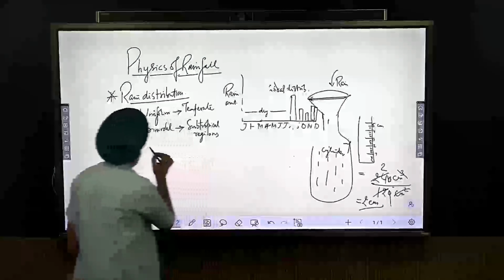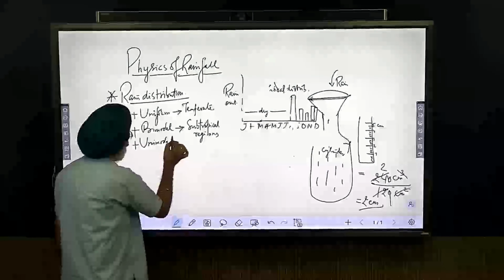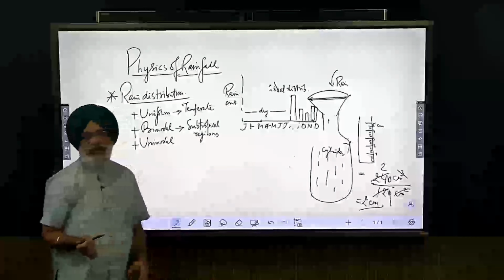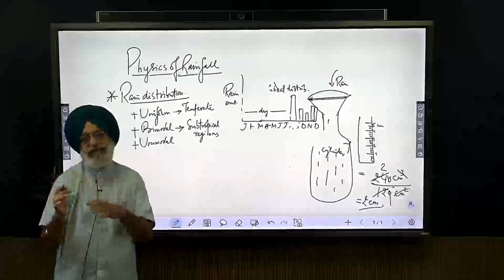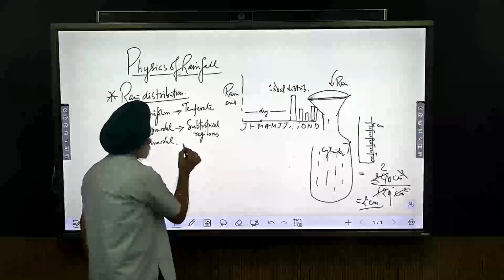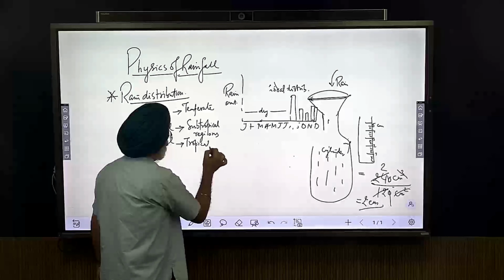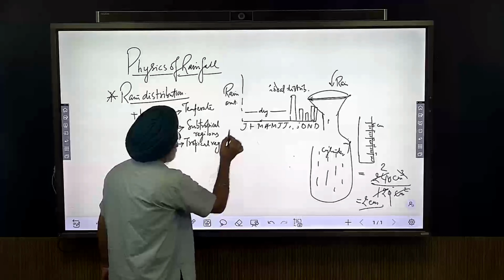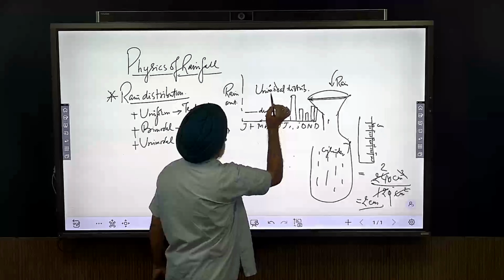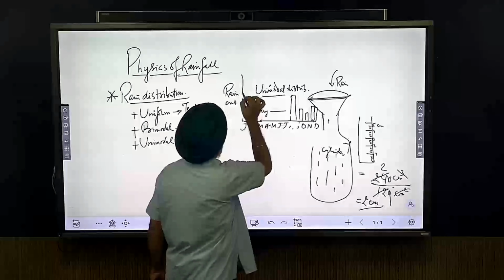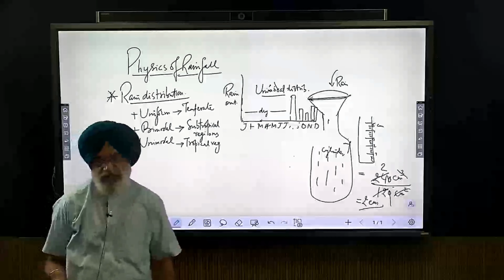We call this unimodal. So here the rainfall is concentrated during one part of the year, maybe 3 months, maybe 4 months, and this generally happens in tropical regions. So we call this unimodal. So this is about the distribution of rainfall.